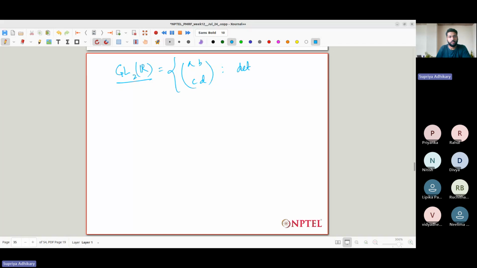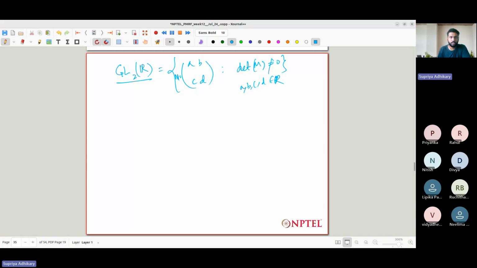so let us consider this matrix to be M. The determinant of this matrix is non-zero, and all these A, B, C, D belong to R. That is, all the 2 by 2 non-singular matrices.